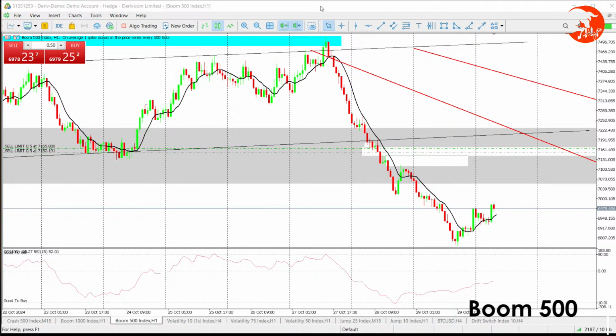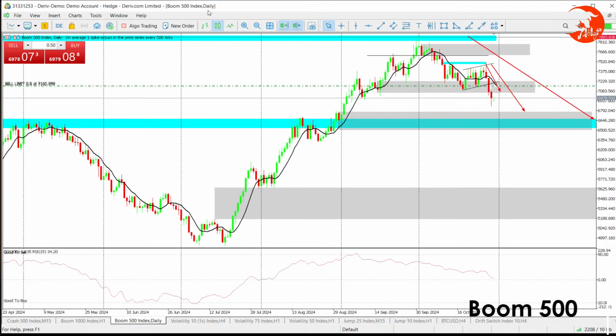Now Boom 500, you guys remember we had what? We had this. This is actually a pullback. Yes, it's still going for this move. I told you if I don't see any retracement where I want, I will not enter it. So currently you can see it is still going for this very move. Why? Because that's the move that brought us into consolidation.